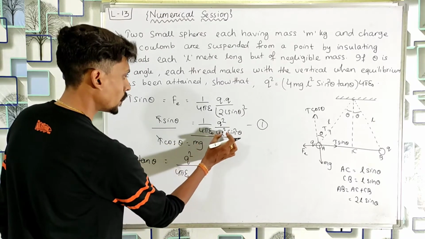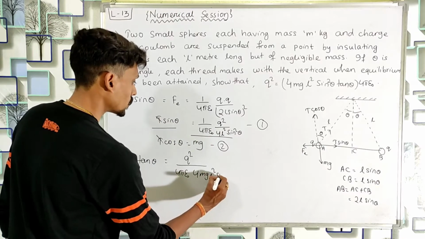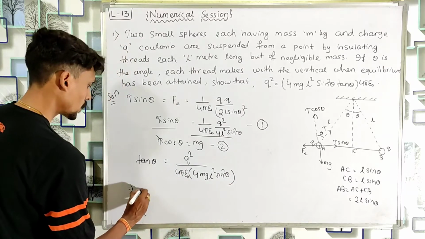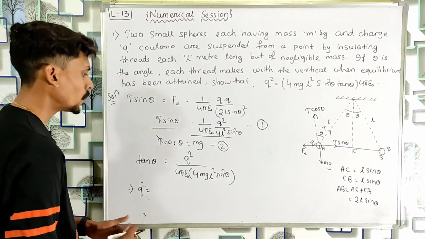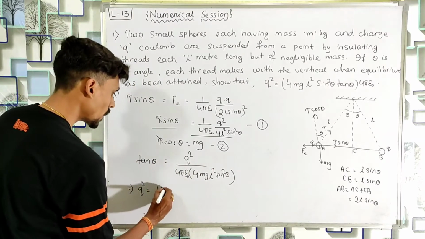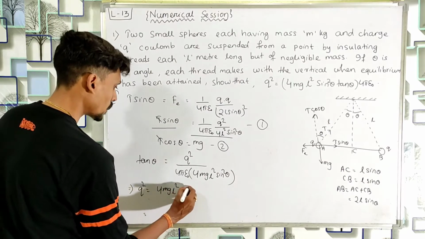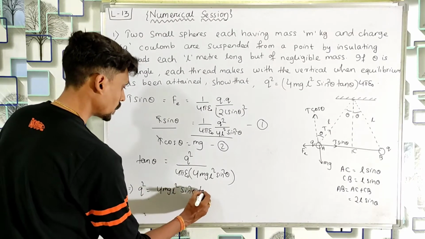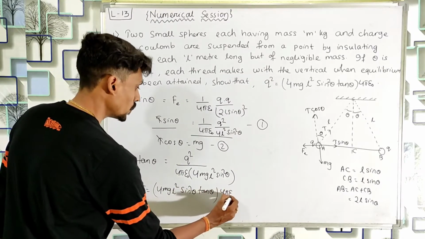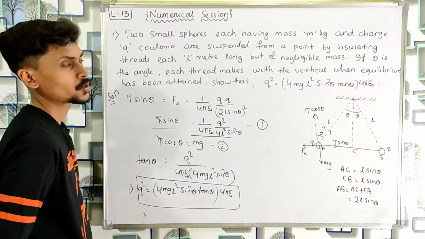This mg will be multiplied here, so it will be 4 into mg L square sin square theta. That implies Q square is equal to, multiply this denominator on this side, so you will get 4mg L square into sin square theta into tan theta, and here you have 4 pi epsilon naught. So this is the way you can prove this question.